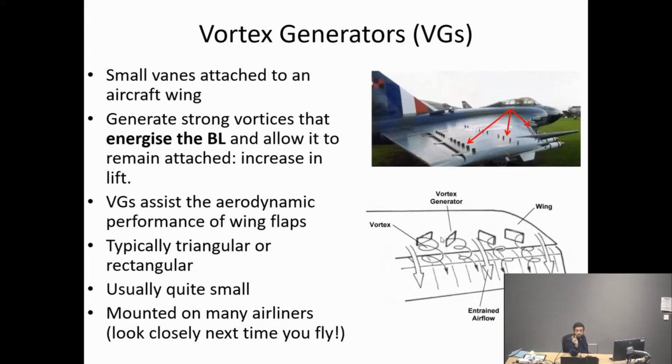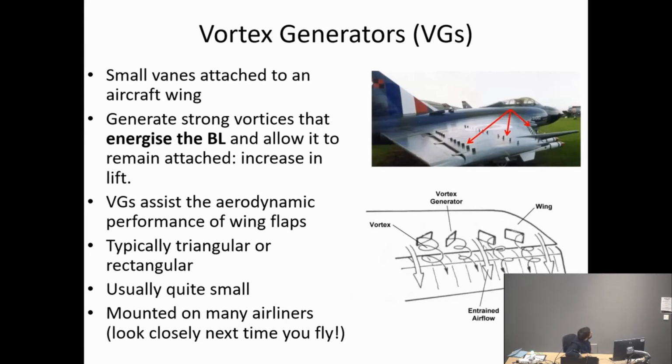Anyway, they're very small vanes that you distribute along the wing. They're typically triangular or rectangular in section, but very small, typically on the size of the boundary layer, so they're very, very tiny. But again, they work on the concept of energizing the boundary layer.